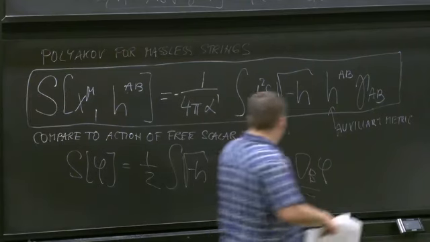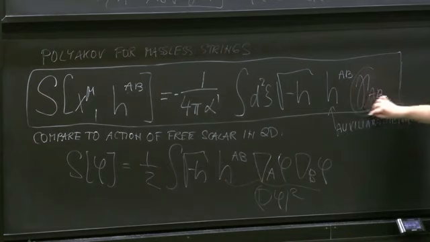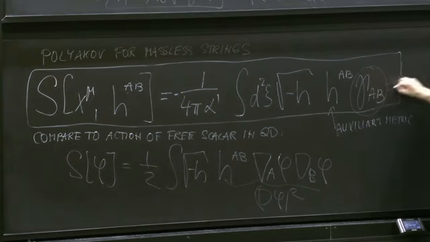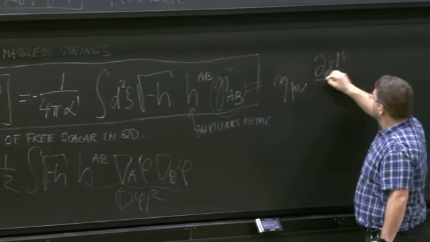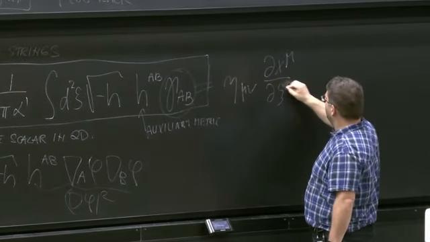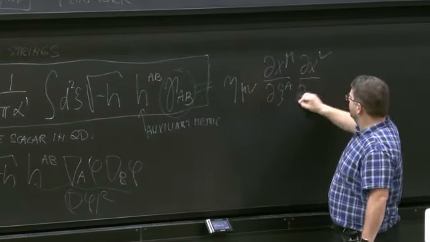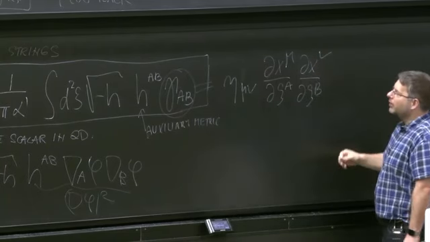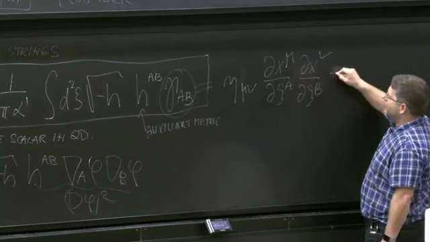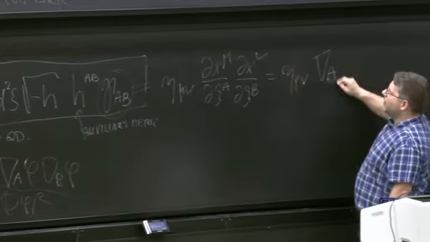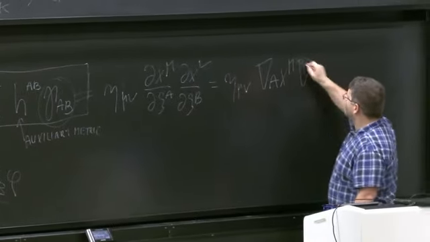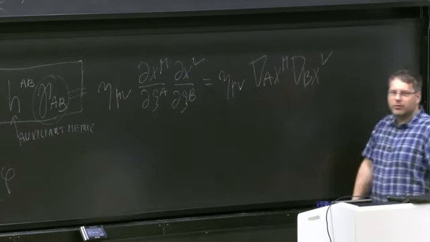But now look at what's happening here. What is this thing here? Well, this thing here is eta mu nu, and then it's dx mu over d psi a, dx nu over d psi b. Or in other words, this is eta mu nu nabla a of psi mu, nabla b of psi nu.